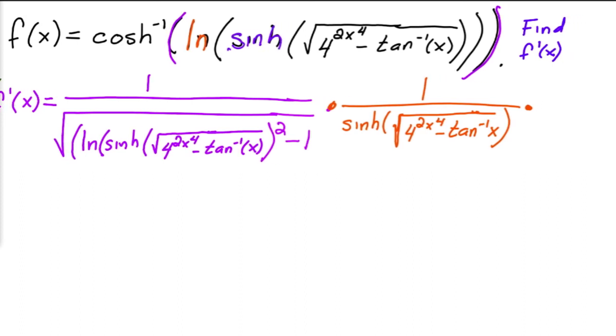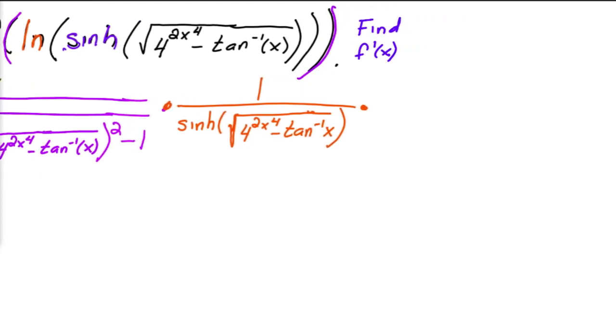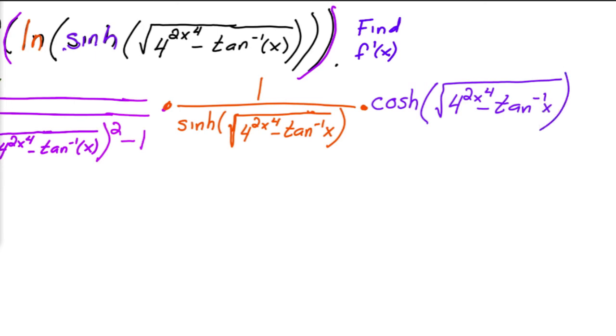So let me get a little bit more room. So now I have the derivative of sinh, which is positive cosh of, leaving the inside alone, 4 to the 2x to the 4th minus inverse tangent, times, again, the derivative of its inside, which is all of this.